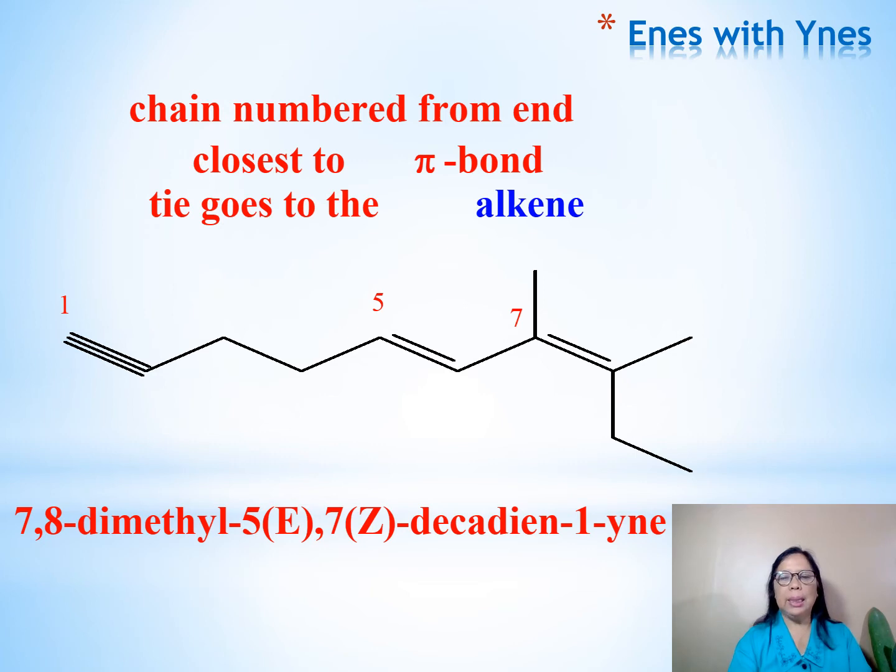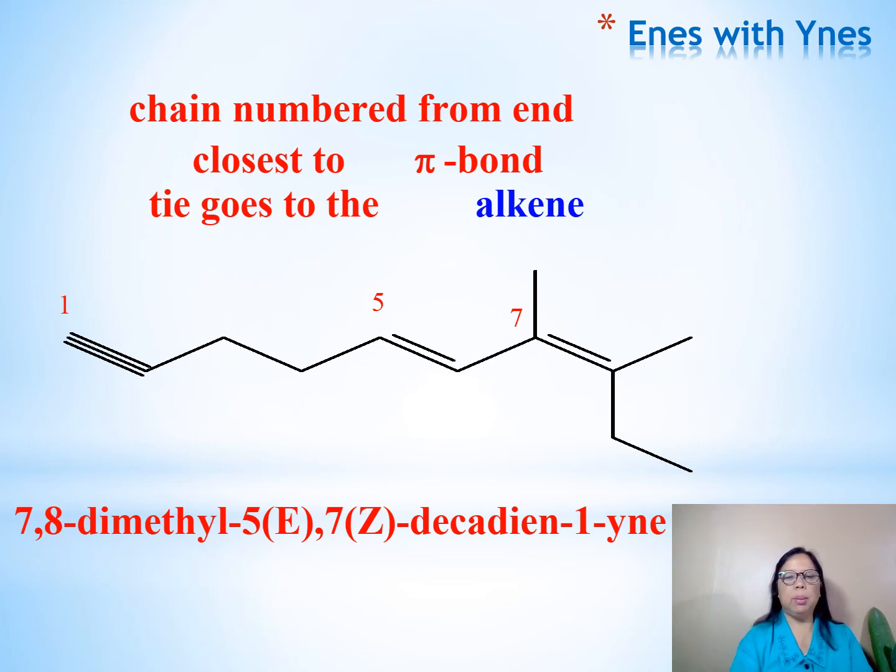Do not write yne, but rather just simply en. And then since there are two, you write di. And where are these two double bonds? From the longest carbon chain, they are in the 7 and 8.